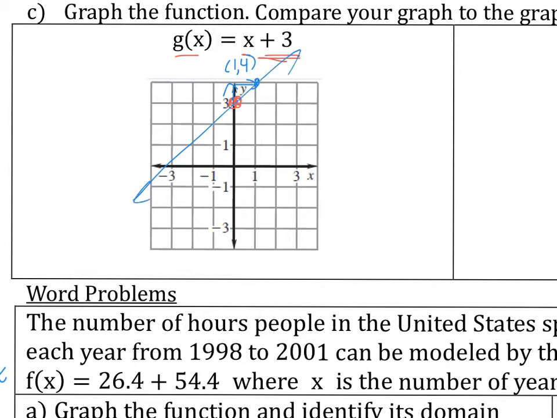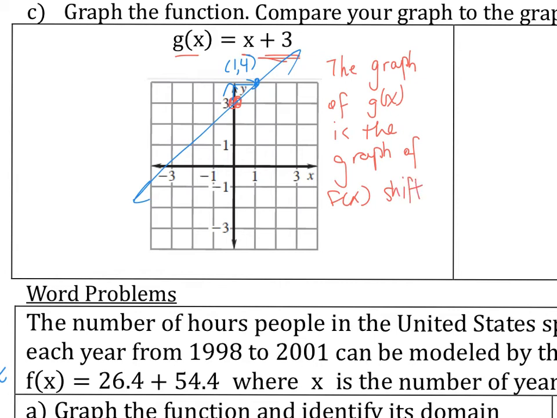Okay, and then how I'm going to compare this, I'm going to have to write a short description. So the graph of g of x is the graph of f of x shifted upward 3 units.